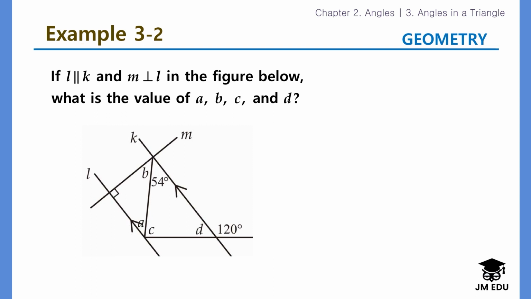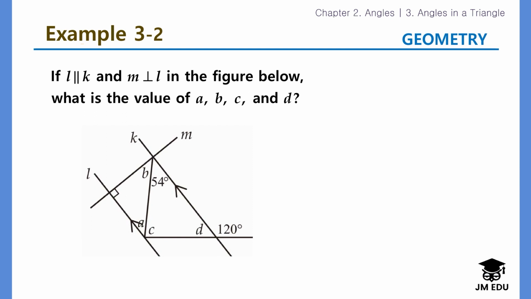Example 3-2. If line L is parallel to K and line M is perpendicular to line L in the figure below, what is the value of A, B, C, and D? So these two lines are parallel, and lines M and L are perpendicular, right?